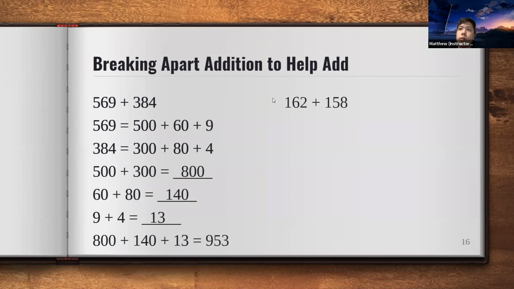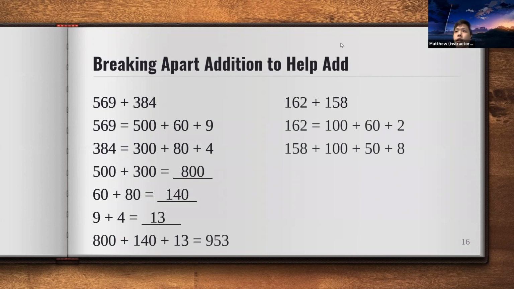So what about this one, for example? 162 plus 158. You separate into 100 plus 100, 60 plus 50, and 2 plus 8, as shown here. Oh, that's an error there. I need to fix that. This should be an equal sign.